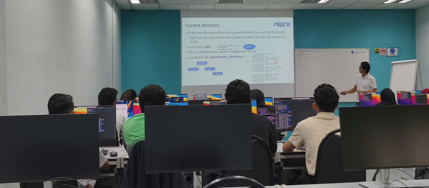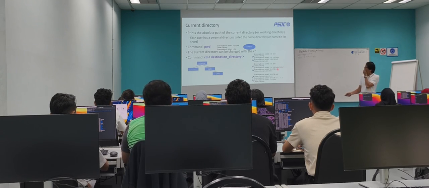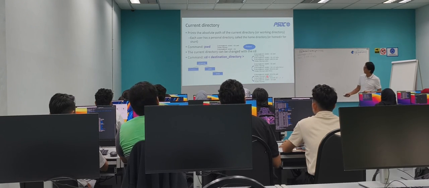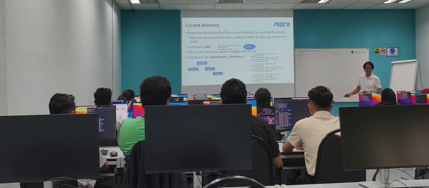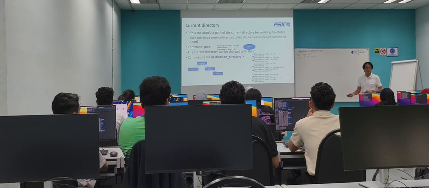From here I can cd to the directory directly below. And with this command, I'm in the Unix directory, I cd two levels up, and I'm back in my home directory.